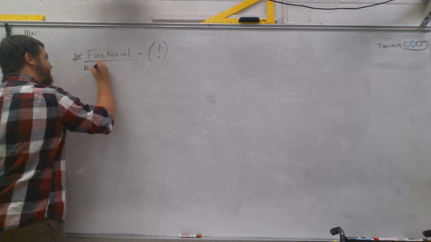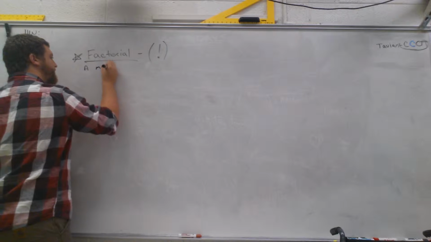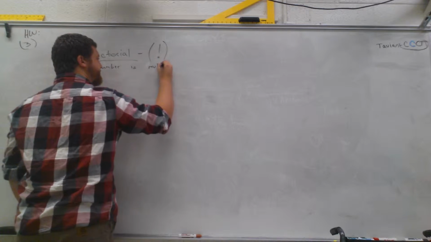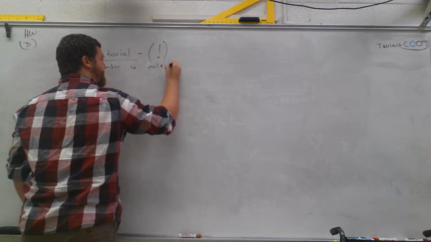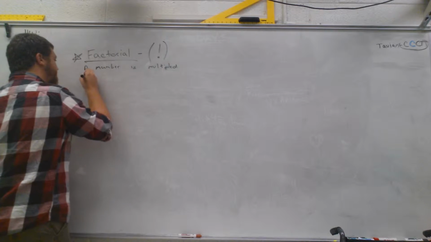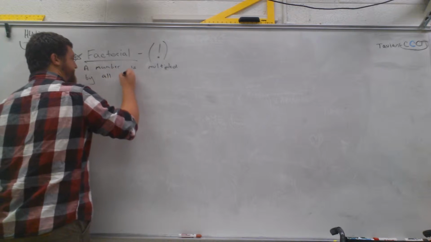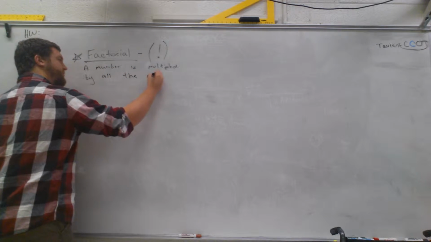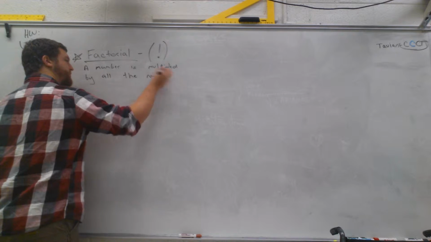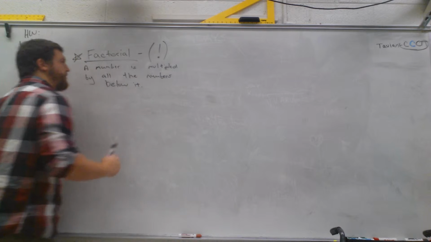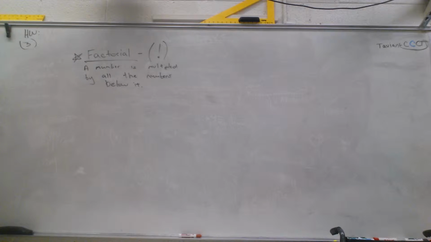A number is multiplied by all the numbers below it.